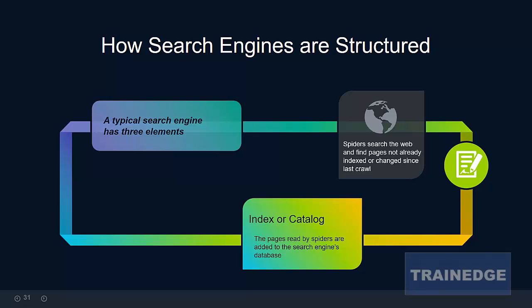This process is called indexing or cataloging. So indexing and cataloging is the second part of a search engine. It basically means that all the information that the search spiders or bots have collected is being entered into a database that can later be searched to find the relevant pages in response to a search query.